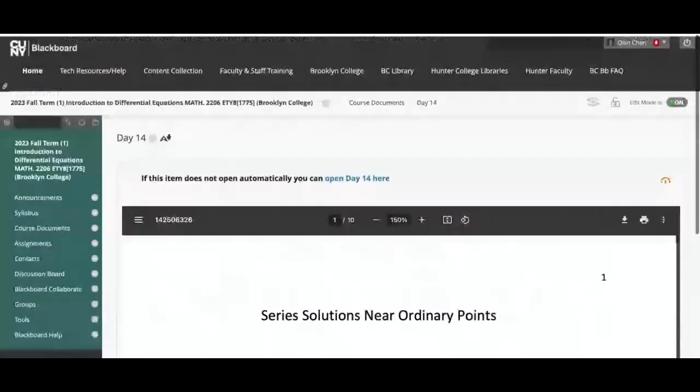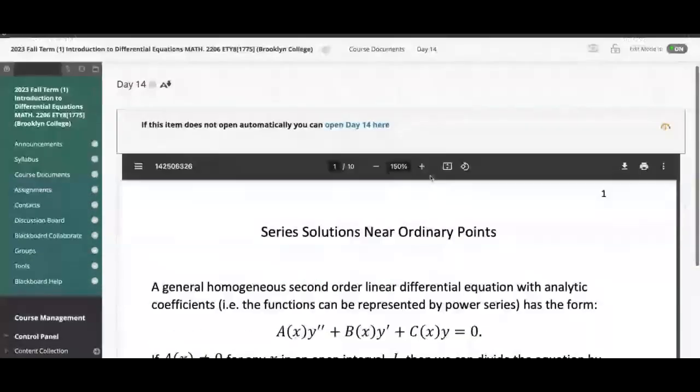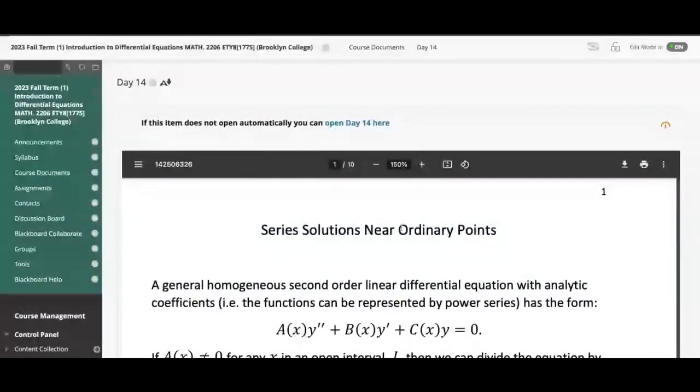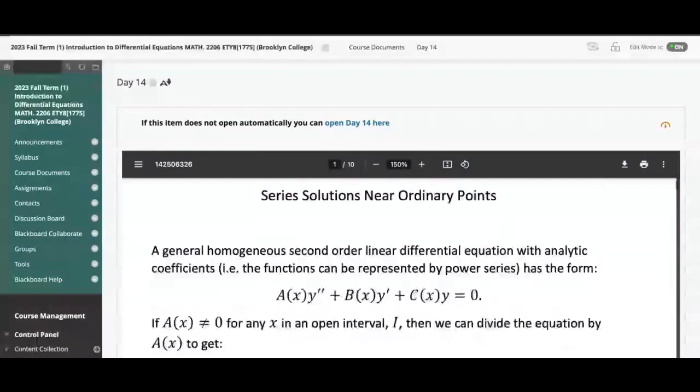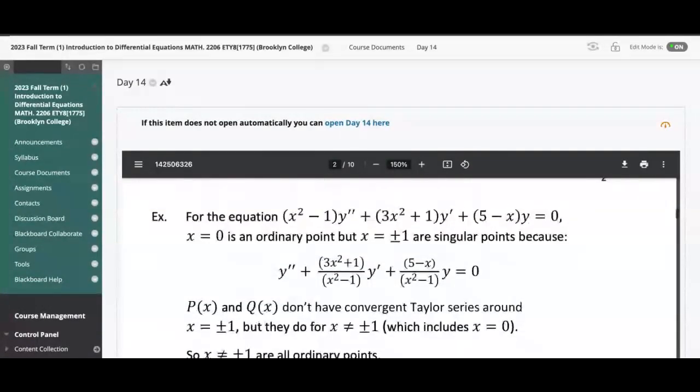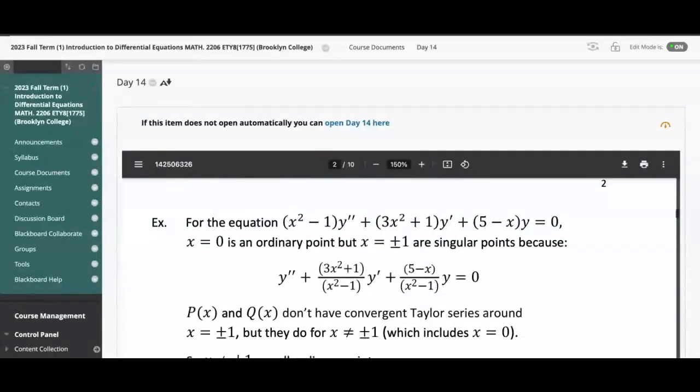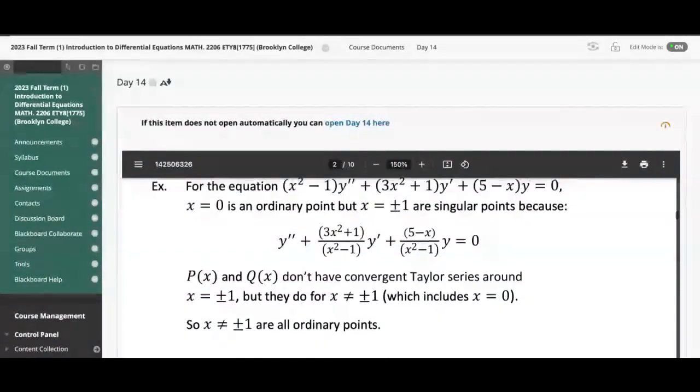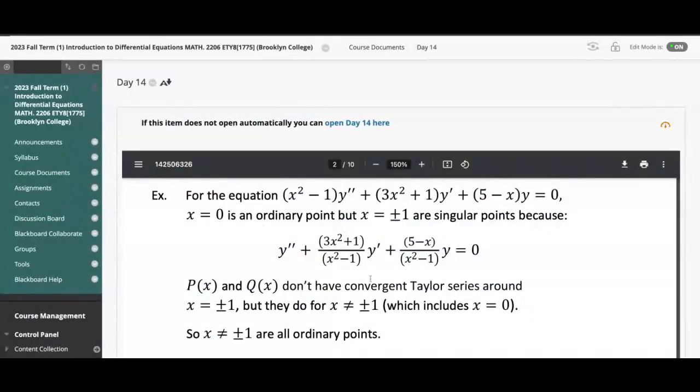So this chapter I think is easier, right? Just to determine solutions near ordinary point. Right, so I have some examples.